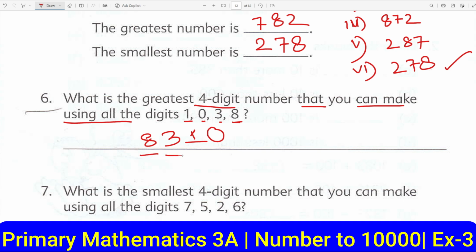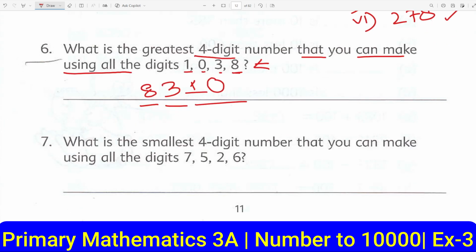So 8310 is the greatest 4-digit number from these digits. What is the smallest 4-digit number that you can make using all the digits? The leftmost should be the smallest, next smaller is 5, next 6, next 7. It means 2567 is the smallest number from these 4 digits.